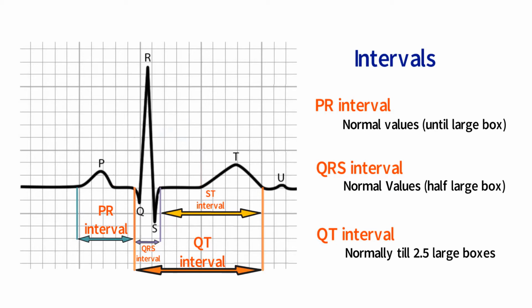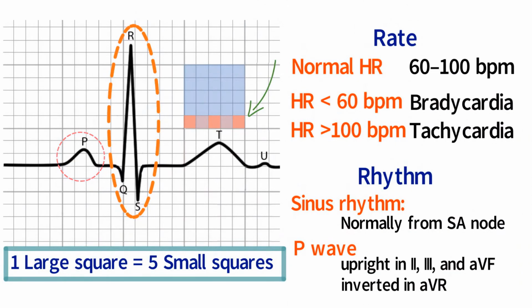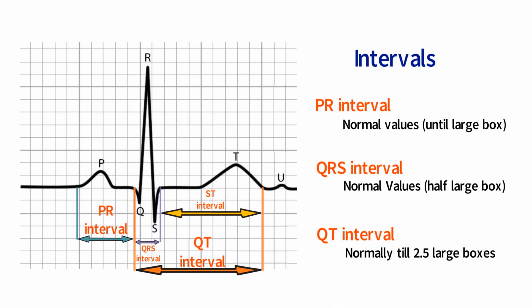You should check these intervals to see if they are prolonged or very short. So these are the three things that you check to find arrhythmias: rate, rhythm, and intervals.